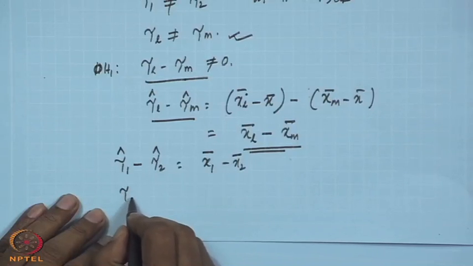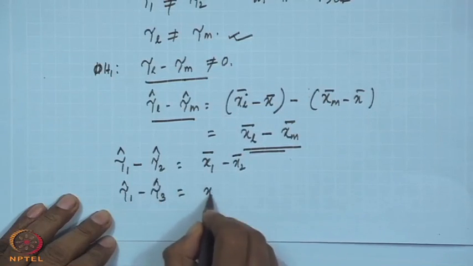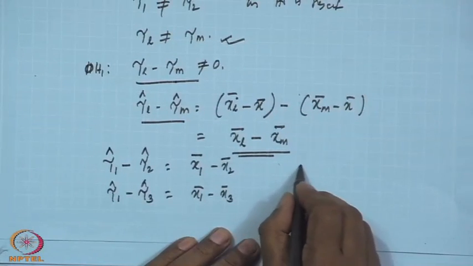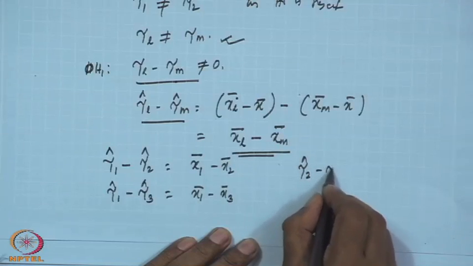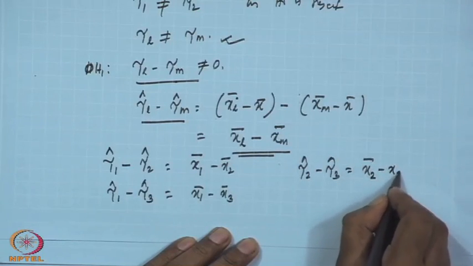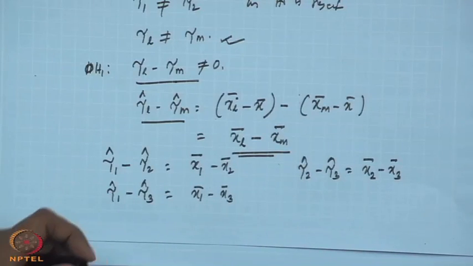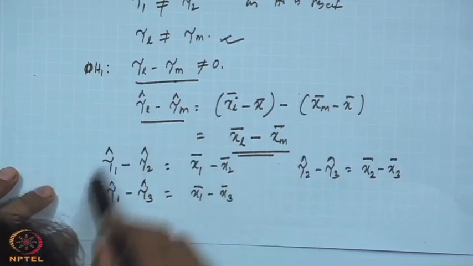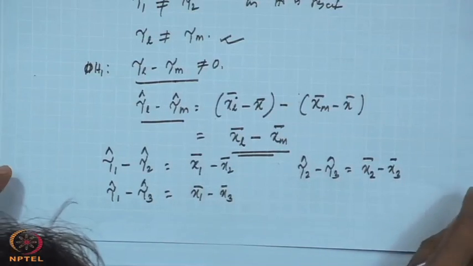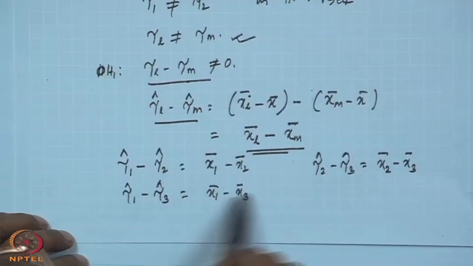So, similarly tau 1 cap minus tau 3 cap equals x1 bar minus x3 bar, and tau 2 cap minus tau 3 cap will be x2 bar minus x3 bar. And using the matrix values, you can find out the difference values. This is not a big problem, you can easily find out. Okay. So, once you get these values, it will be the point estimate.